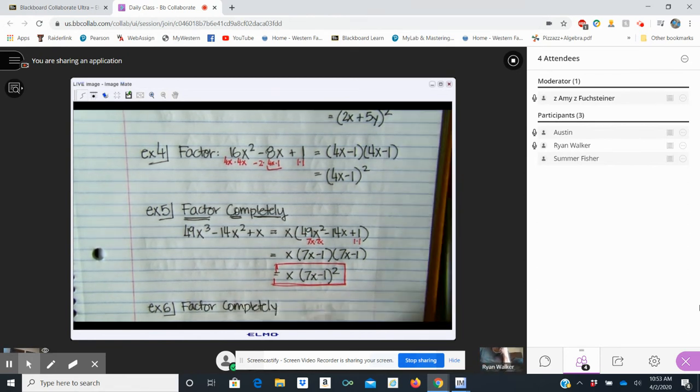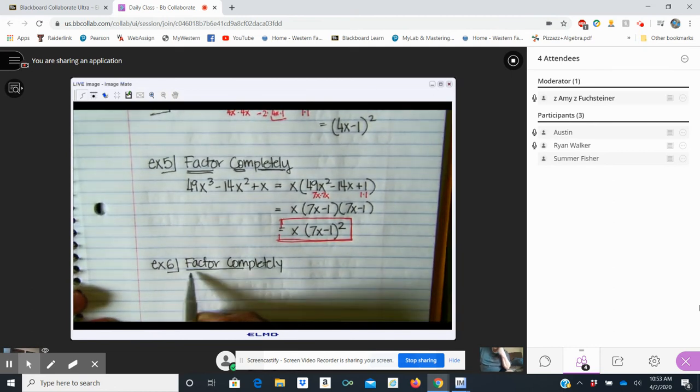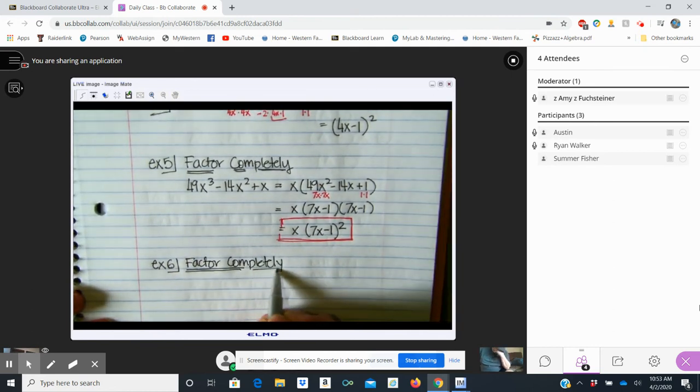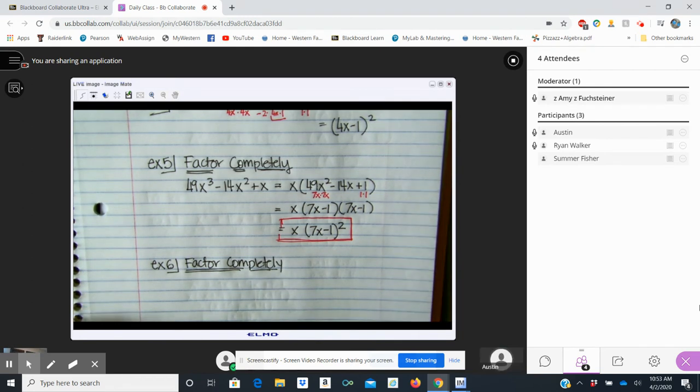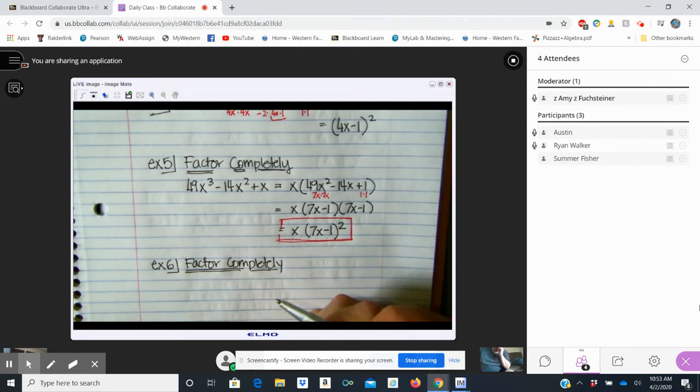So when a is just x squared, there's no number, and it's a perfect square trinomial. Are B and C both going to be squares? Say that again, Ryan.